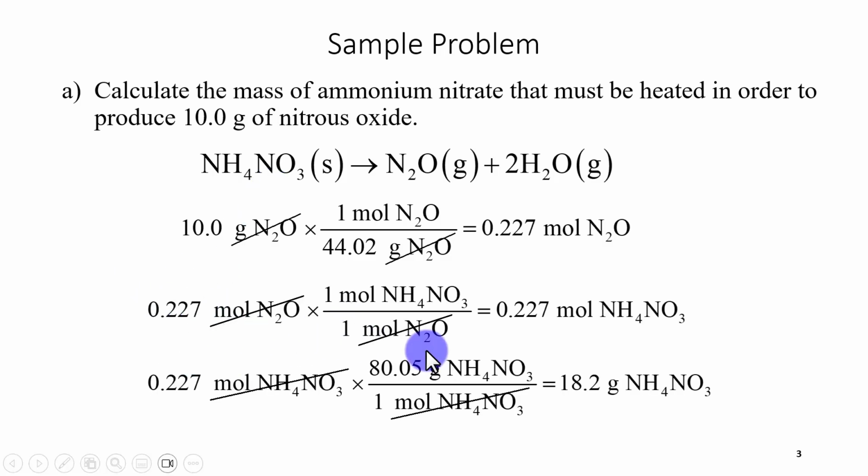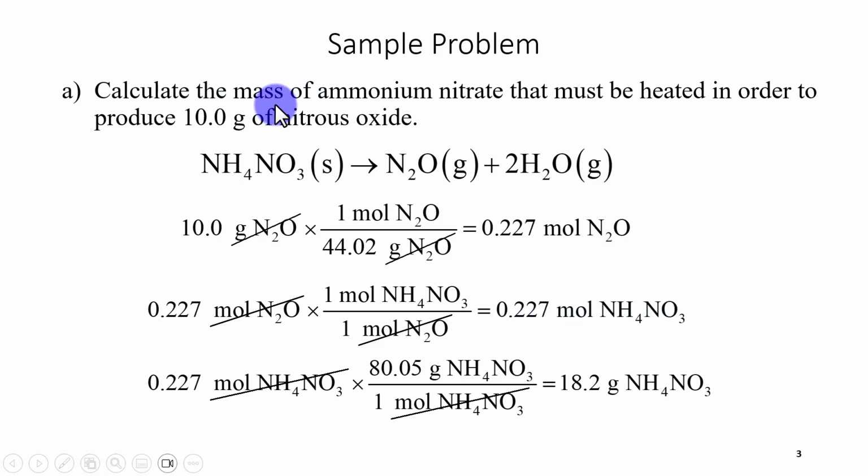But here it is, worked out for you. Start with the moles of N2O, 0.227 moles, multiplied by my conversion factor from the balanced chemical reaction. Moles of ammonium nitrate on top, because that's what I'm calculating, and moles of N2O on the bottom, because I am starting out with moles of N2O. That will cancel, leaving me with 0.227 moles of ammonium nitrate.